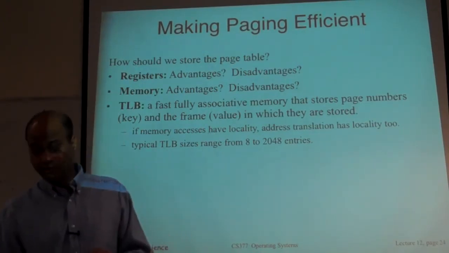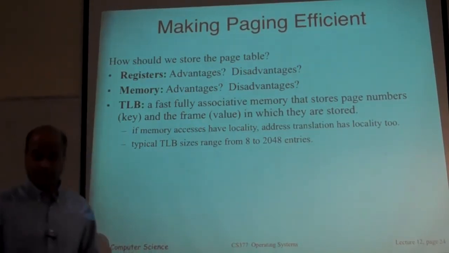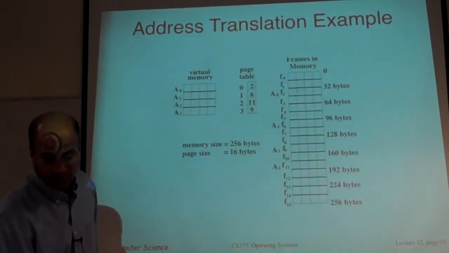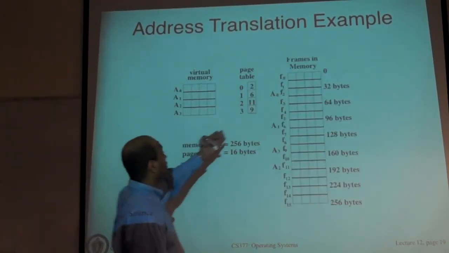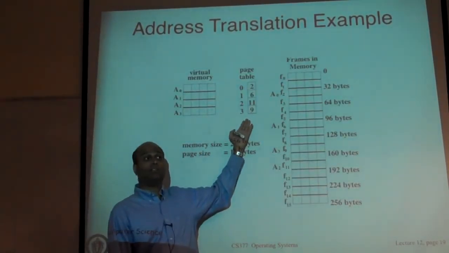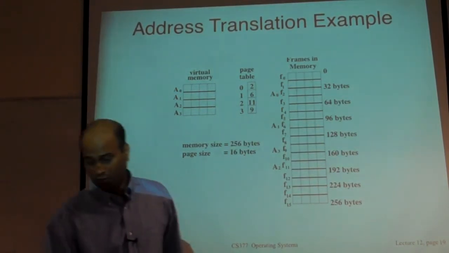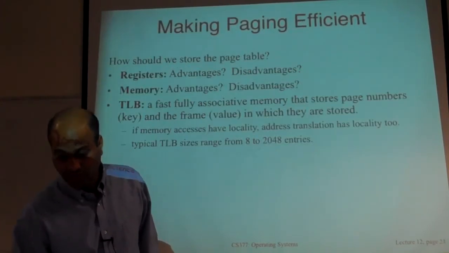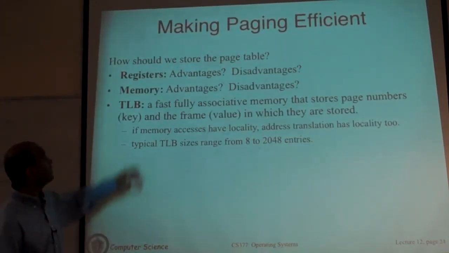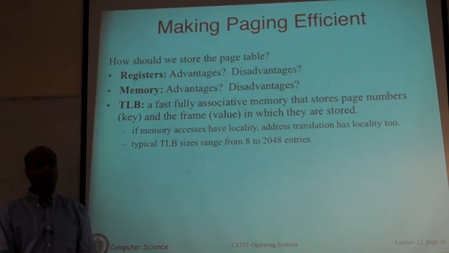That brings us to the question of where you store these page tables. I just mentioned this data structure called a page table. It's an index, an array. So where do you need to store it? There are a couple of suggestions. You could store them in registers.